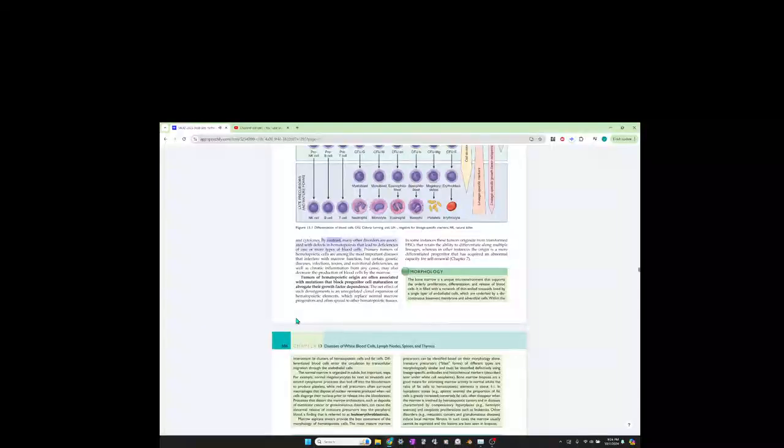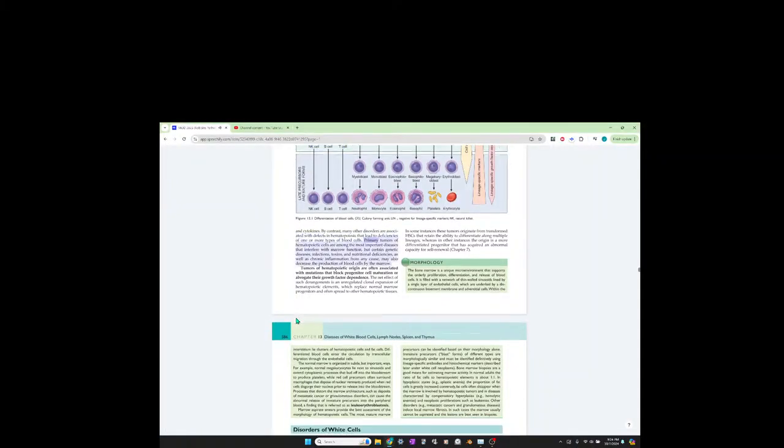By contrast, many other disorders are associated with defects in hematopoiesis that lead to deficiencies of one or more types of blood cells. Primary tumors of hematopoietic cells are among the most important diseases that interfere with marrow function, but certain genetic diseases, infections, toxins, and nutritional deficiencies, as well as chronic inflammation from any cause, may also decrease the production of blood cells by the marrow.